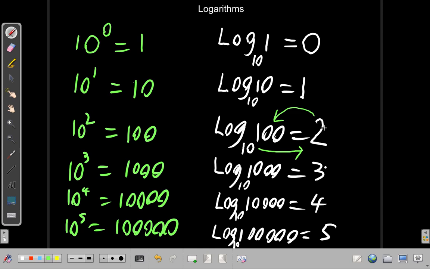Now, we can see a definition of logarithms from looking at what happened here. We can say, what is the logarithm of 100 when the base is 10? Well, the logarithm of 100 is the number that the base 10 must be raised to get 100. Alright? Here, the logarithm of 1000, the base is 10.